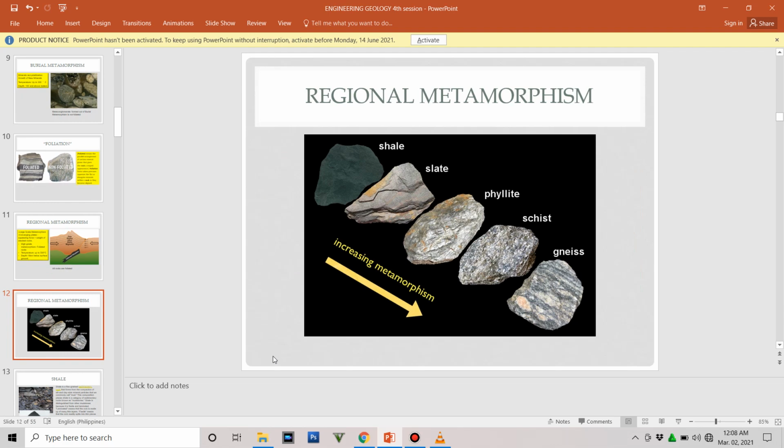So for regional metamorphism, we have several types of rock here. With increased metamorphism, at the outermost layer we have shale, and then the next layer will be slate, and then phyllite, and then the schist, and then the gneiss.